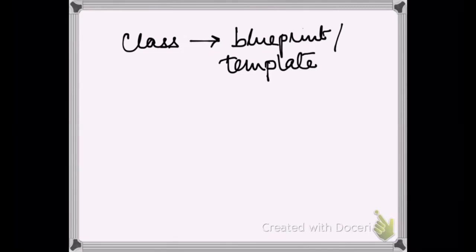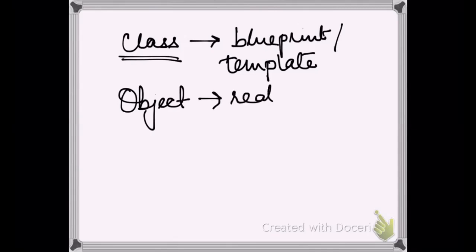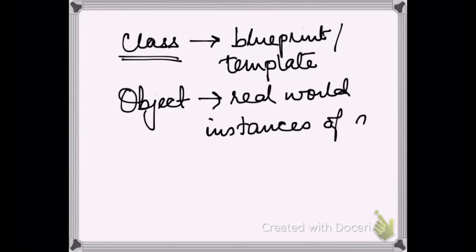But it does not exist in reality. There is no physical existence of the class of dog as such. Instead, what exists physically are the objects. That's why we say objects are real world instances of a class.